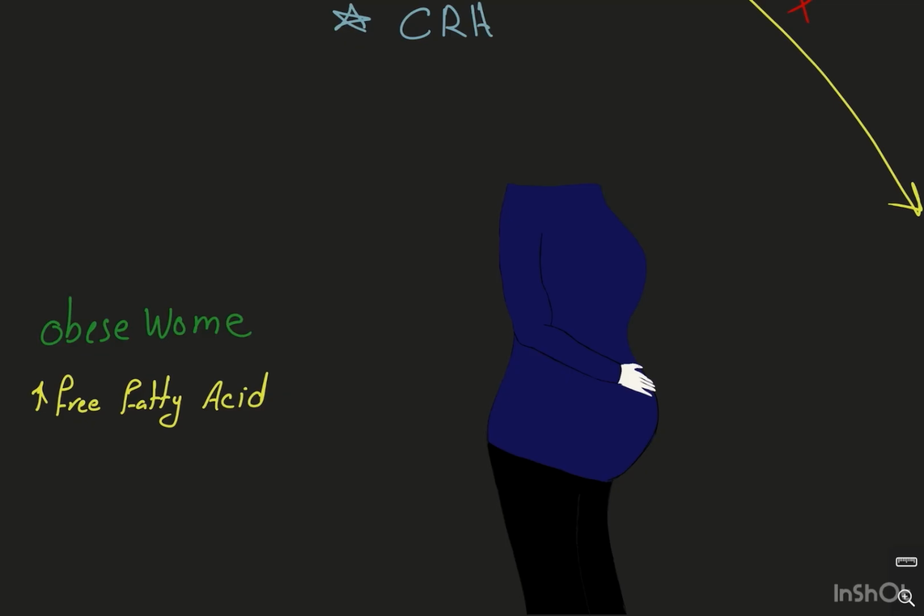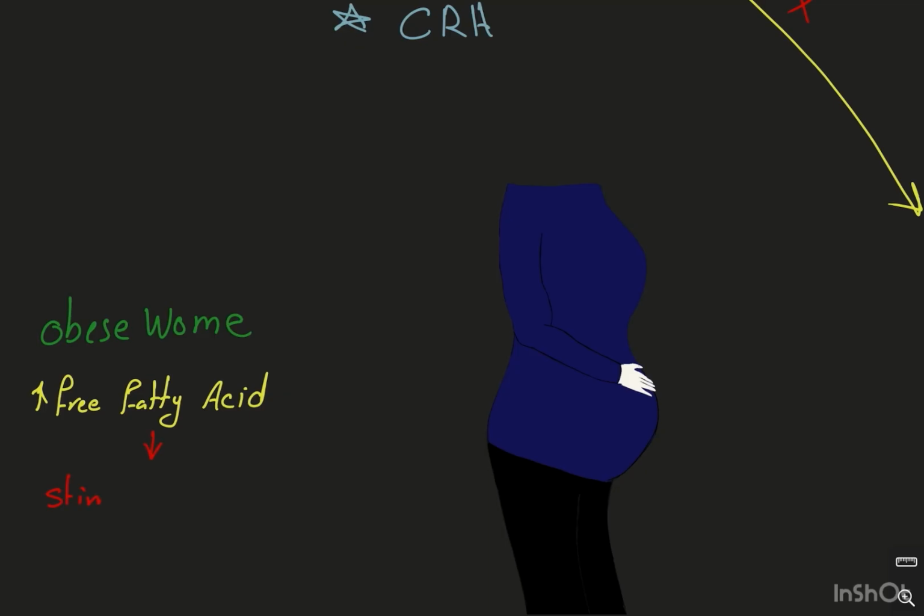But when free fatty acids are inside this cell, they disrupt all that signaling and it is blocked. So glucose will not enter the muscle cell and it will accumulate in the bloodstream at a high level. So that's one reason why obese women end up with hyperglycemia.